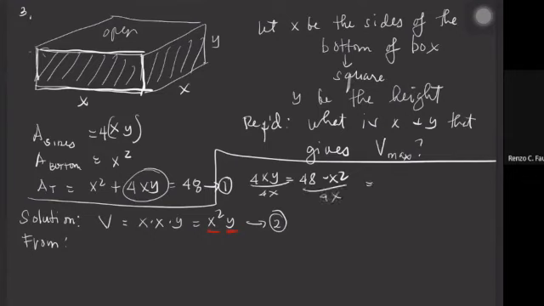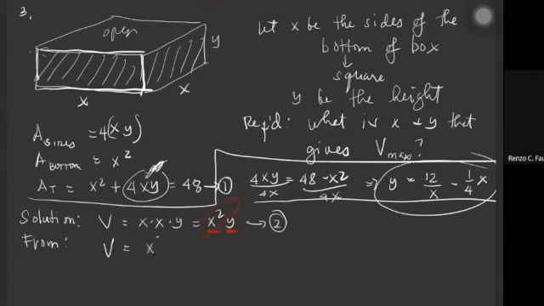That gives us y equals 48 over 4x minus x squared over 4x. 48 divided by 4 gives us 12 over x minus 1/4 of x.